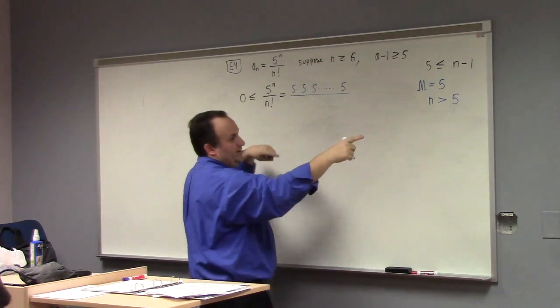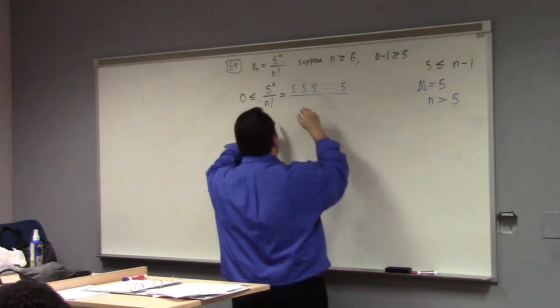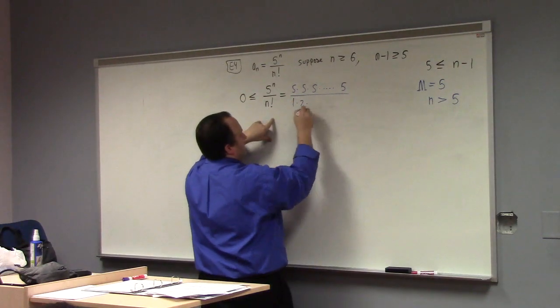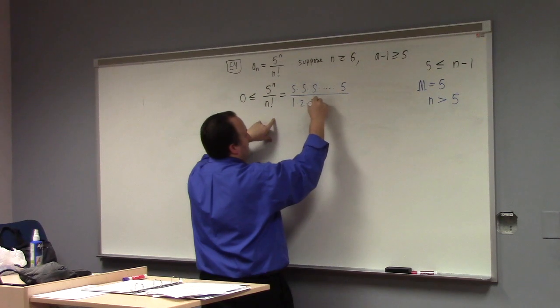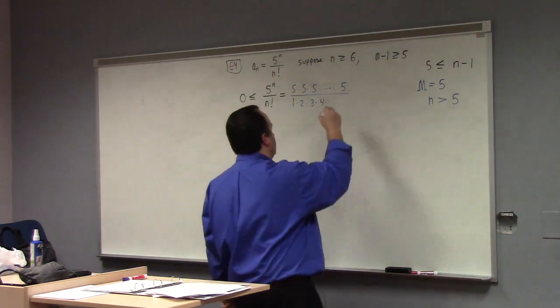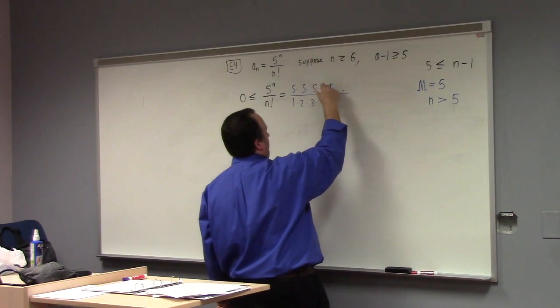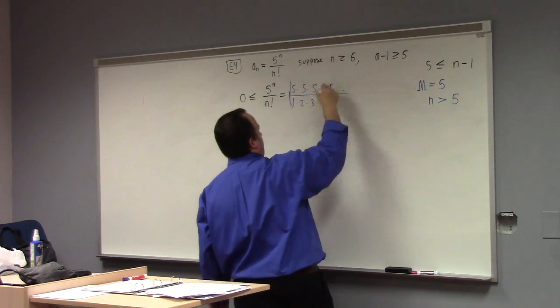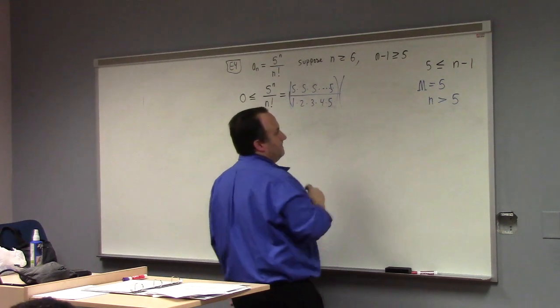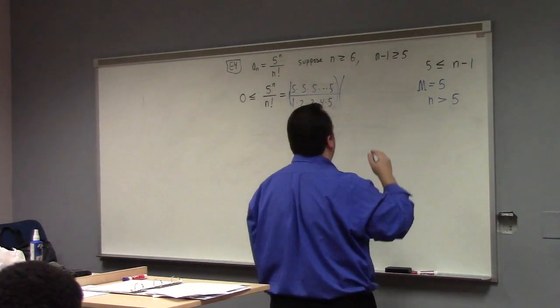Let's see here. If I follow the same argument, I do my 1 times 2, go up, not down, all the way up to 5. And then past that I have 5 over 6. Yeah, 5, thank you.